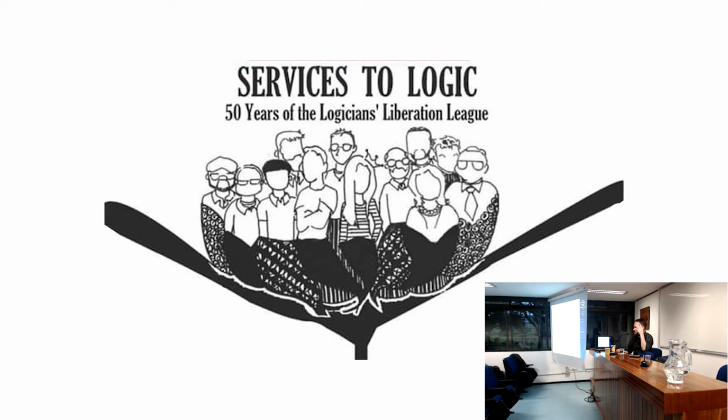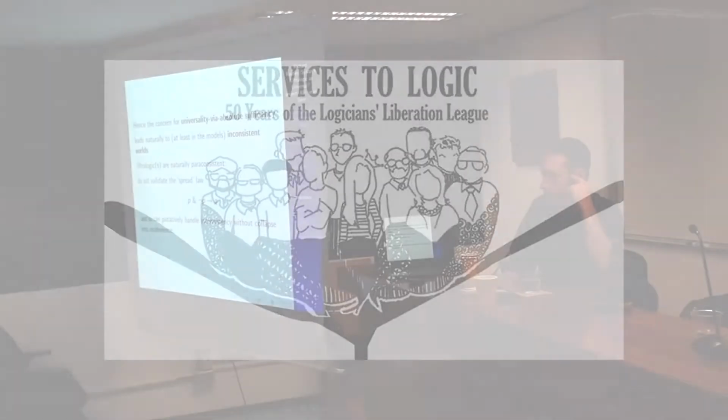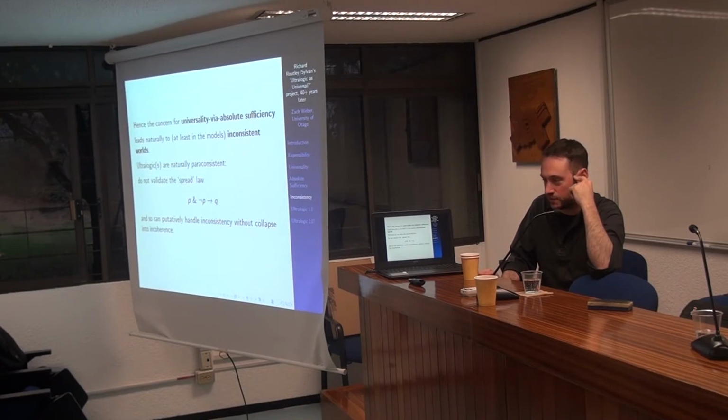If somebody were strongly not inclined toward relevance, they might say, this absolute sufficiency thing sounds great, but if B is a theorem, then anything is absolutely sufficient for a theorem because it's a theorem. So just invoking absolute sufficiency doesn't actually land you on relevance unless one is already somewhat predisposed toward it.